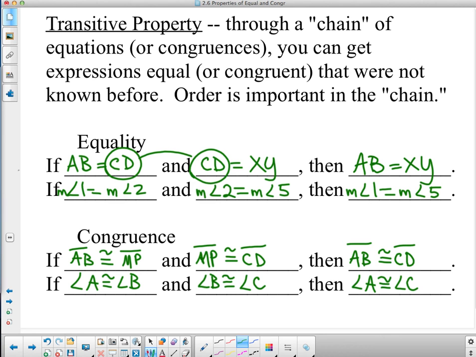Here's some sample problems I want you to do. Now this does have a front and a back, but we haven't talked about the things you need for the back yet. So on this sheet that I'm giving you, there's two sets. This one's matching, this is fill in the blank, but related to the properties that we just went over. So let's take a few minutes and complete these samples, and then we'll go on to the back sides.